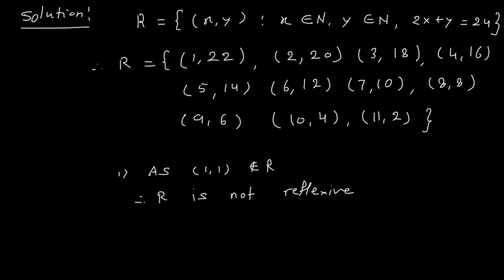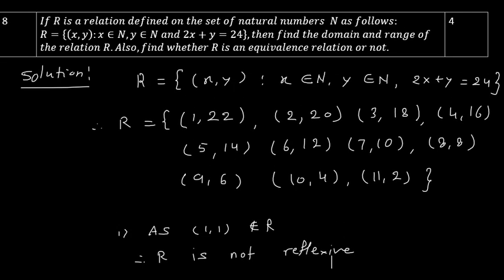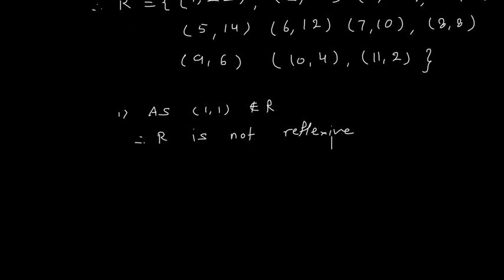Let us read the question again. What is asked? Find the domain and range of the relation. Also find whether R is an equivalence relation. So first I have to discuss the domain and range of the relation.